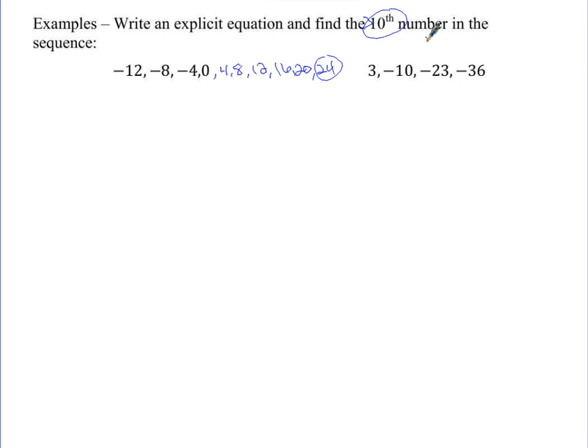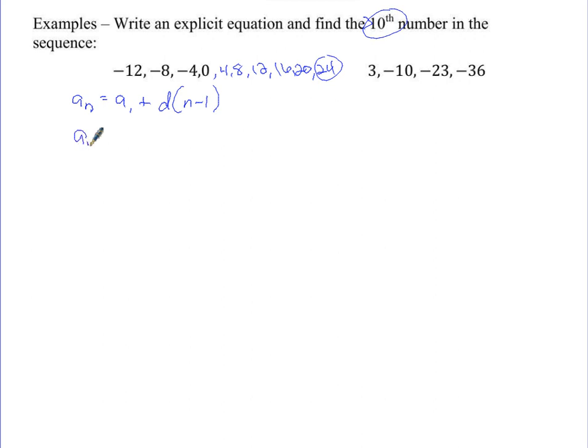The equation that we're using is A sub n equals A1 plus, the way that I wrote it on the last page, n minus 1 times d. You could also write the d here and then do the n minus 1 here. The distributive property is the same either way. Now I'll just substitute in what you know.